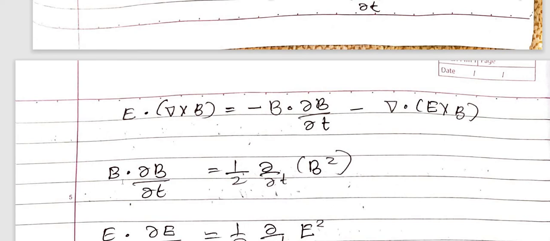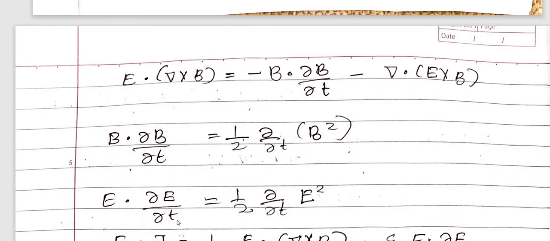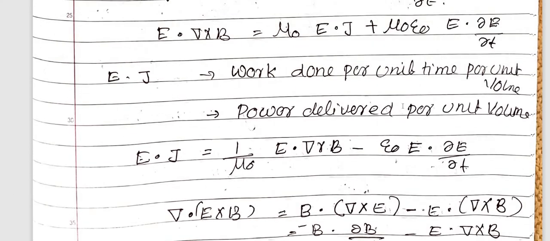We know that B dot ∂B/∂t can be written as half ∂/∂t of B squared. When we differentiate B squared, you will get 2B dot ∂B/∂t, so the 2 gets cancelled and it is nothing but B dot ∂B/∂t. So B dot ∂B/∂t can be written as half into ∂/∂t of B squared. Similarly, E dot ∂E/∂t can be written as half into ∂/∂t of E squared.